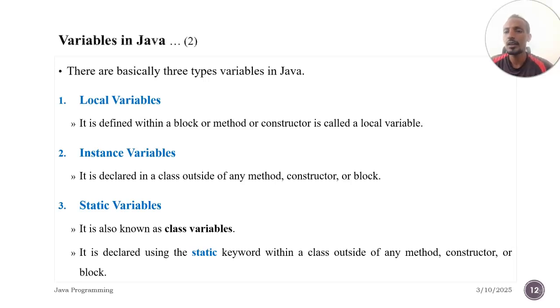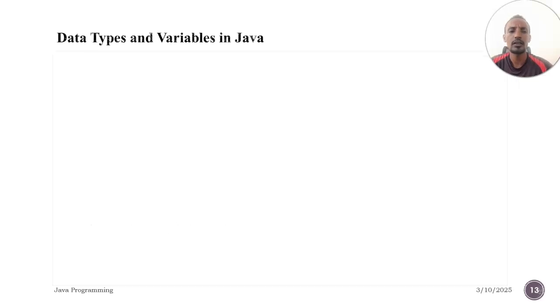If it is a static variable, the keyword static is used in front of the data type. The rest, such as where they are placed, how they are initialized, and how they are accessed, are mostly related. These are the types of variables in Java.